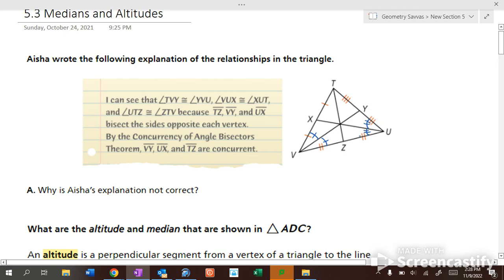She also said that UTZ, this angle right here, is congruent to this angle right here, because TZ, VY, and UX bisect the opposite sides of each vertex. So by the concurrency of angle bisectors, those are concurrent.